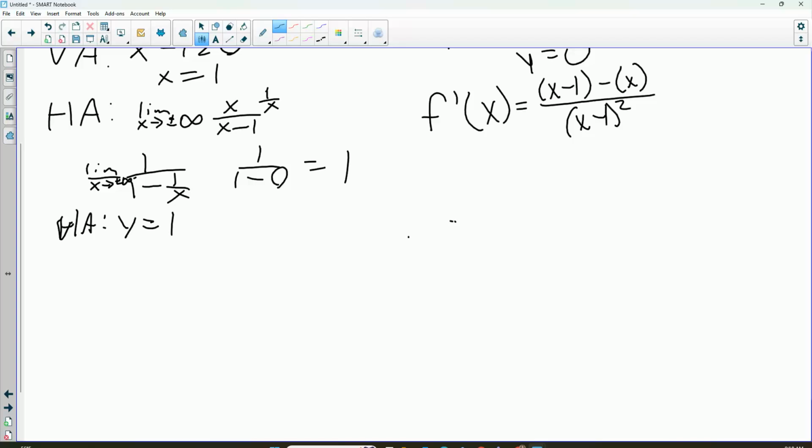So low d high minus high d low over low squared. Good. Critical points are anywhere this is 0 or undefined. Is it ever 0? No. Where is it undefined? 1. So our critical point is x equals 1.